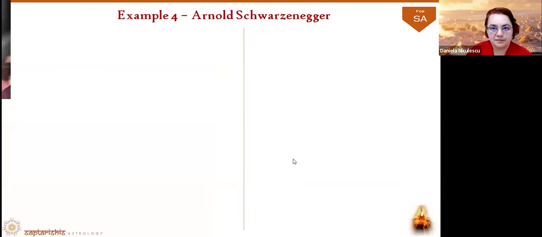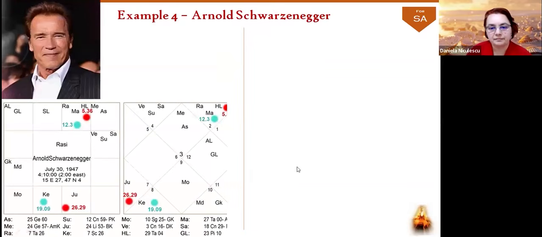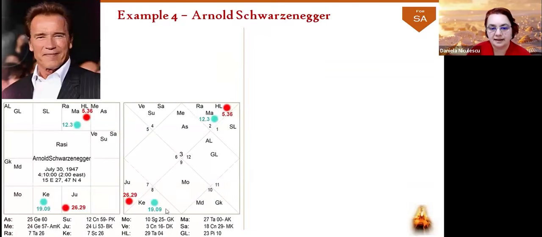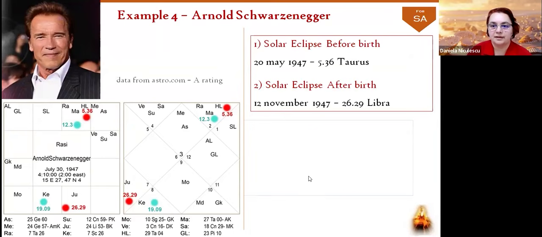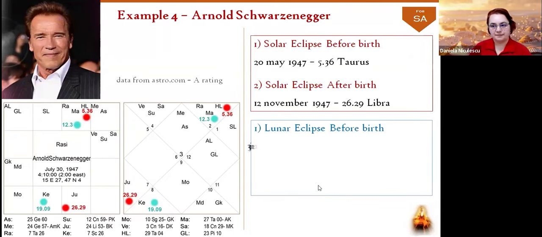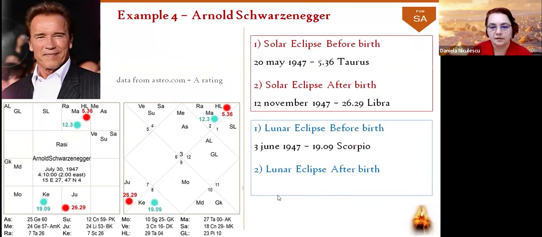Example number 4 with Mr. Arnold Schwarzenegger, where he has, again, 3 signs activated by his eclipse degrees. And these are the solar eclipse and the lunar eclipse points, noted for your reference over here.